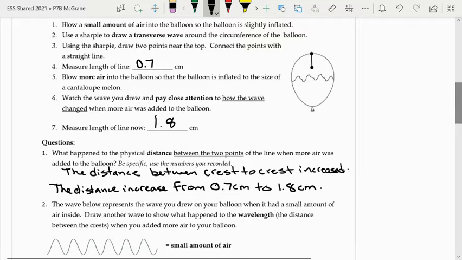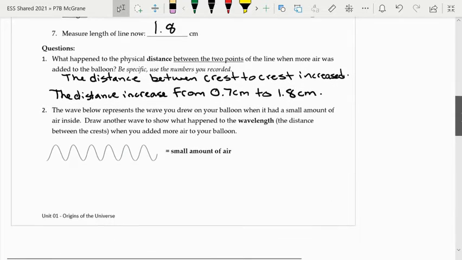So I'm defending what it was that I said happened. I said that the distance from crest to crest increased, and I'm defending it using quantifiable or measurable data.